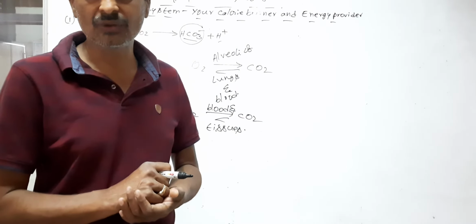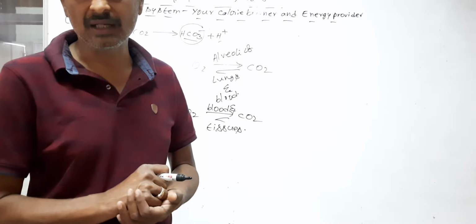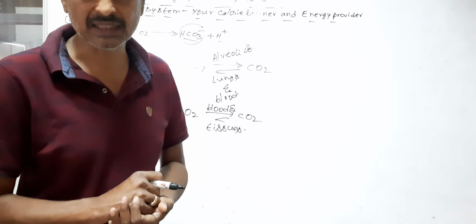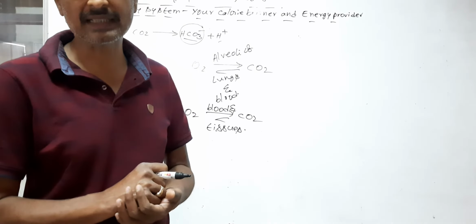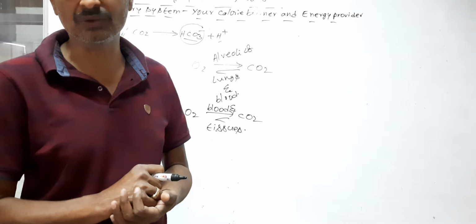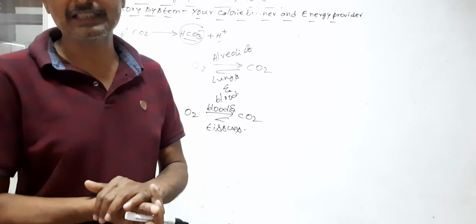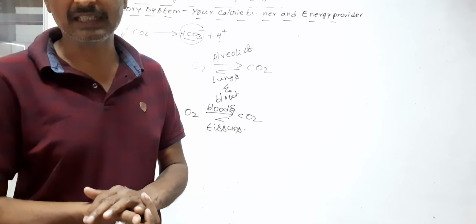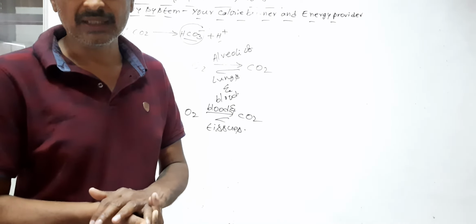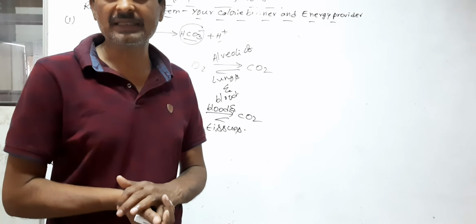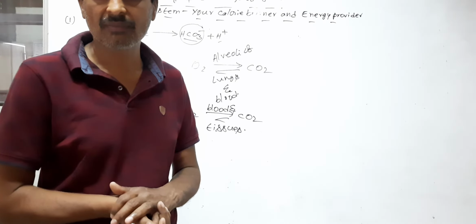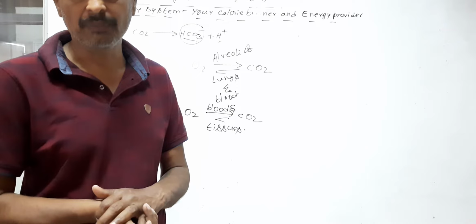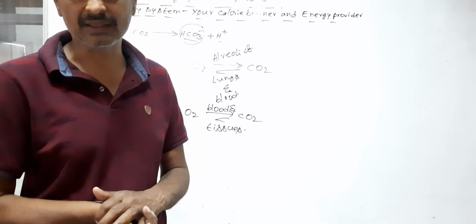Homeostasis of O2 and CO2 are under the control of the respiratory center. So the respiration is under the control of the respiratory center. Inhalation and exhalation are under the control of medulla oblongata.